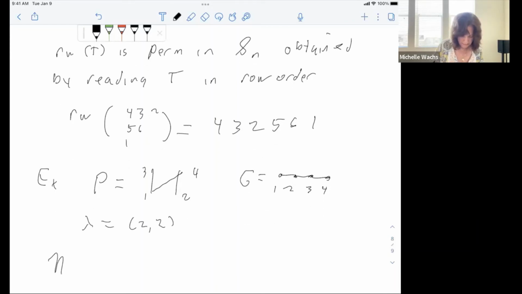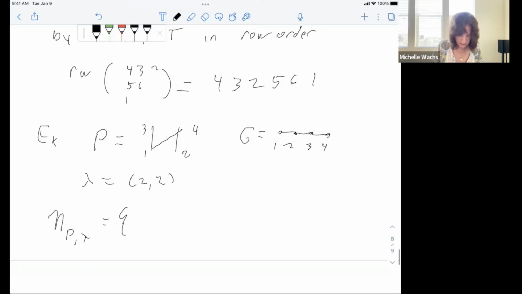So NP lambda is the set. I will list all the tableau in there. So that's 1, 2, 3, 4. Then 1, 2, 4, 3. That's okay because the descent is not a descent of P, 4, 3. Then 2, 1, 3, 4, 2, 1, 4, 3.